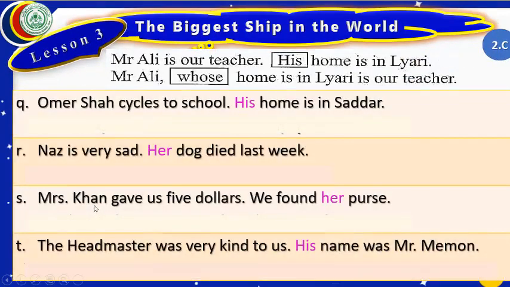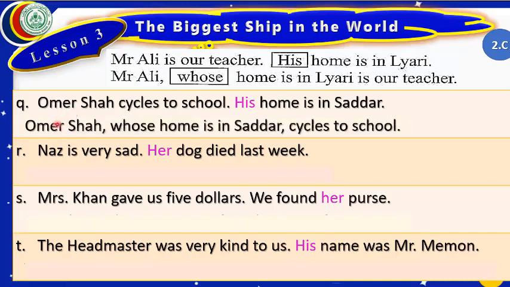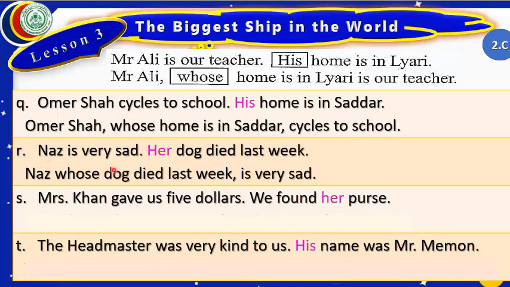Dear students, you can see here, an example is given. We shall write the answer of Q part. You can see Umar Shah, whose home is in Sadar, cycles to school. Naz, whose dog died last week, is very sad.